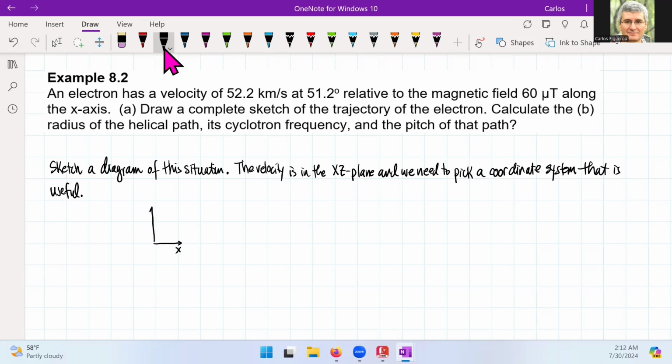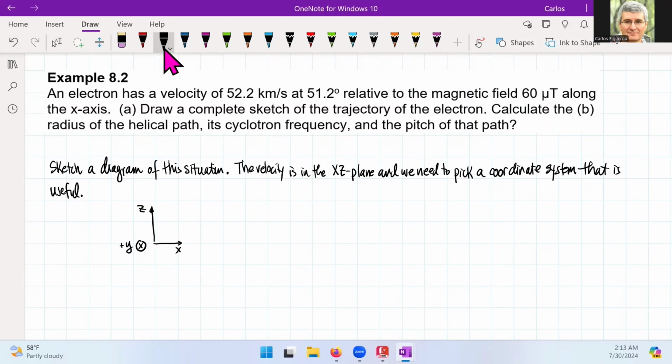And I'm going to pick my z in this direction. So now using my right hand rule, I can see if I have x, y, and z, then into the plane is going to be my positive y-axis. Okay, so that's where I'm at. Again, it's arbitrary how I pick my coordinate system, but this seems to be useful.